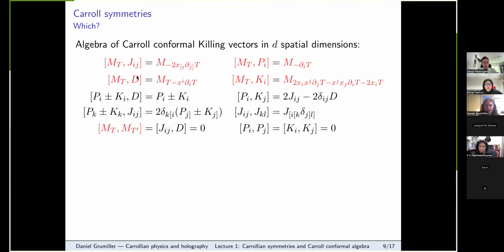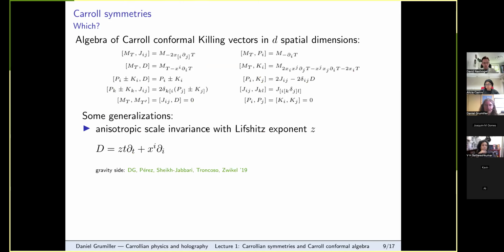And then with the other generators, they give again a supertranslation on the right-hand side with some action on this function. It's not very complicated, but this expression is a bit lengthy, so you just have to work through this algebra. Okay, so this is the standard plain vanilla Carroll conformal algebra.